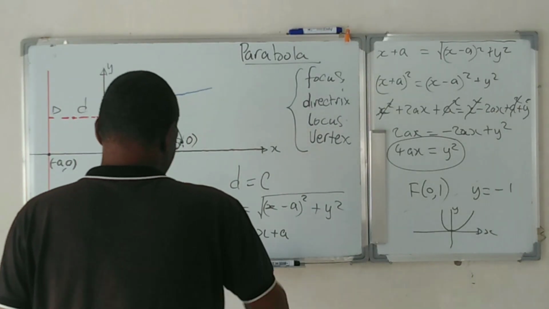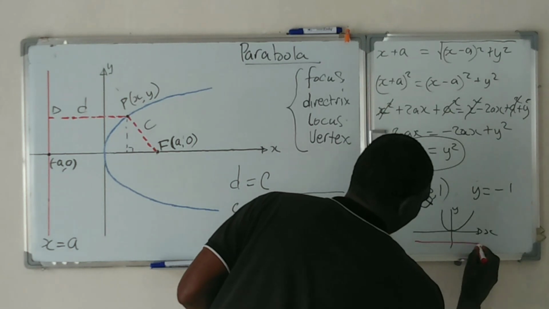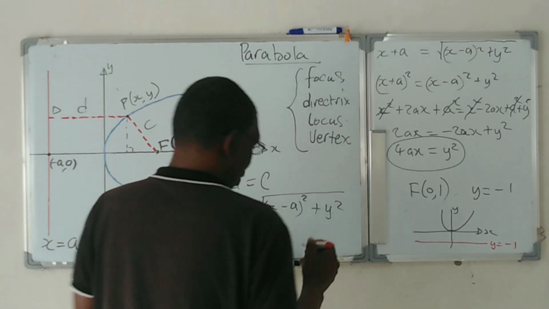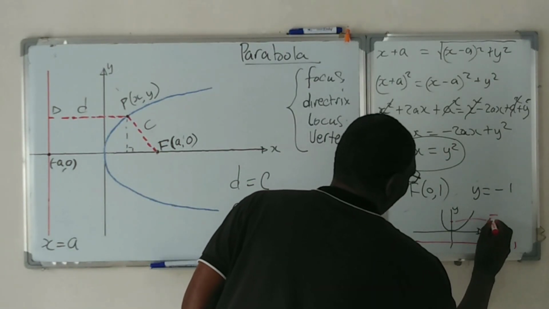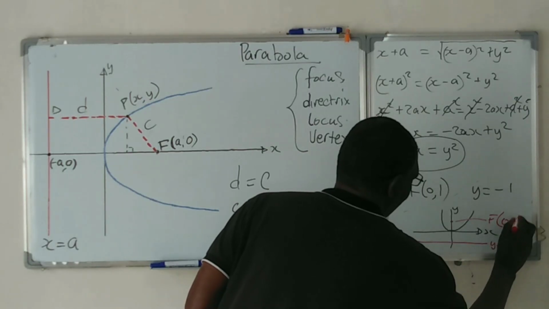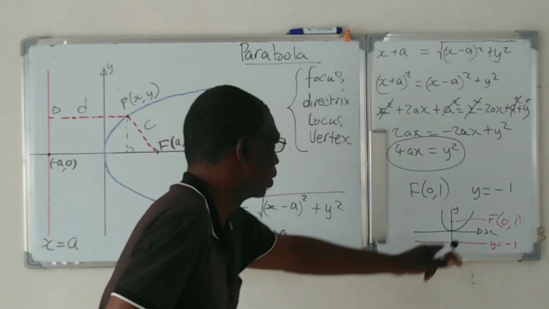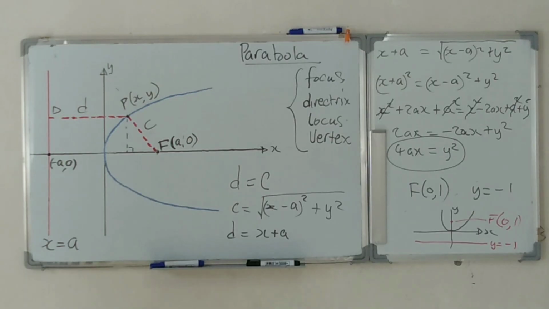And your directrix is going to be a line down here, the line y is equal to minus 1. And our focus will be here, which is the point F with coordinates (0, 1) as required. So I want you to find the equation of this parabola and give your answer down in the comments below.